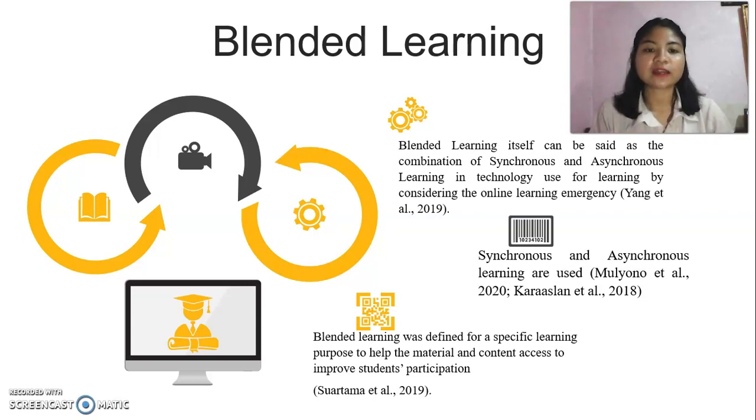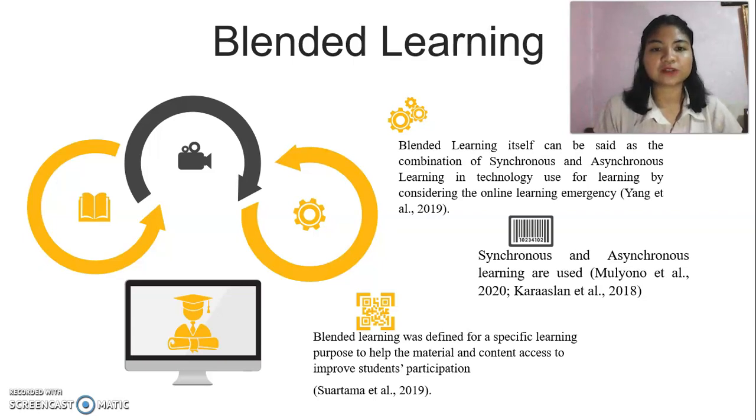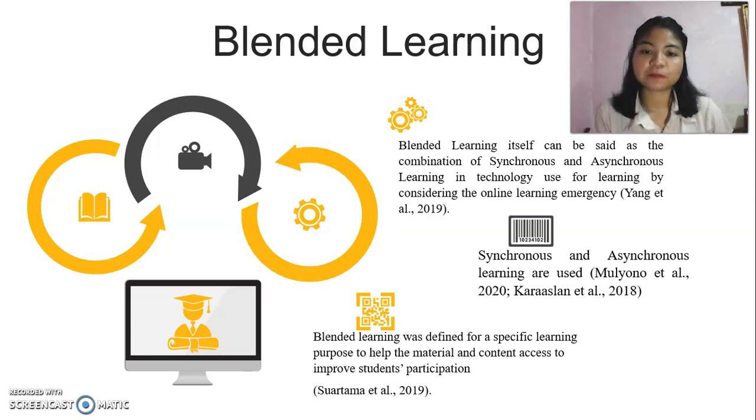Second one, that synchronous and asynchronous learning are used. Yeah, it's the same idea with the previous one. And it was designed for a specific learning purpose to have the materials and content access to improve students' participation. Later on, the benefits and also the challenges will be explained by the friends.